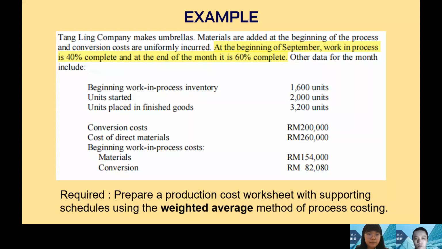Other data for the month are included in this slide. Required: prepare a production cost worksheet, which is a production cost report with supporting schedule, using the weighted average method of process costing. The note you need to take is weighted average method. So, what does the solution look like?